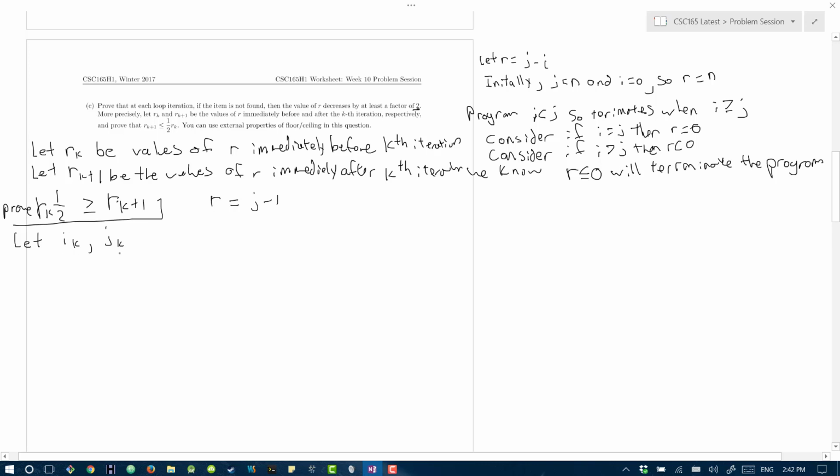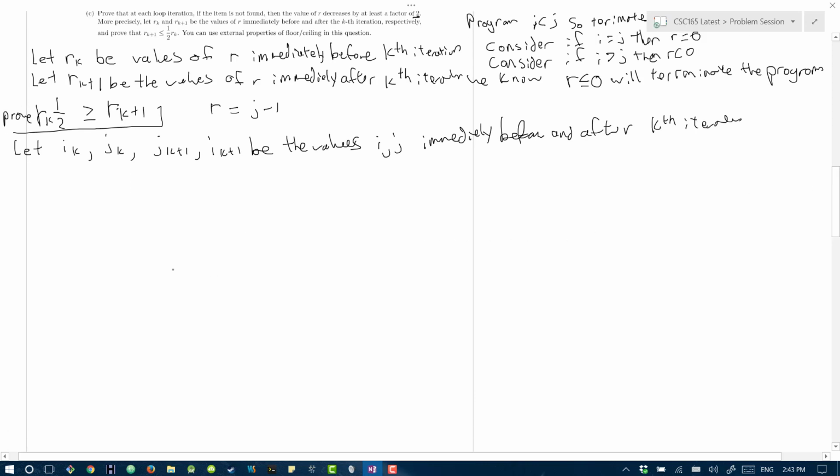So we want the i and j values for the kth iteration, and then we also want the same thing after the kth iteration. Okay, so that we have that set up.